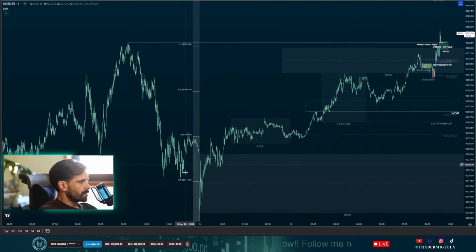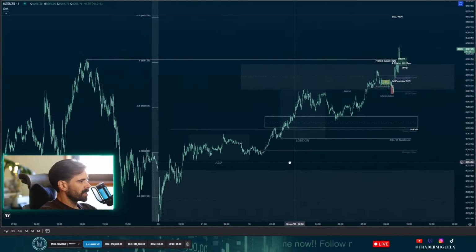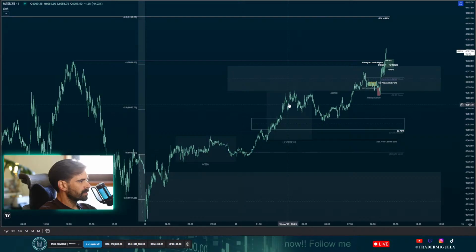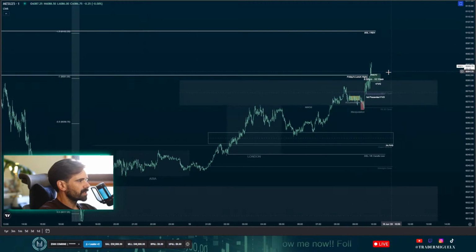So accumulation here, manipulation to the downside, then we reacted right away in a V shape, consolidated a bit more during Asia, pushed higher. So the first stage, consolidation, and this can eventually be the second stage of distribution to the upside.